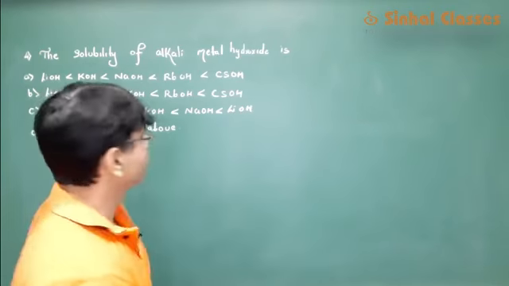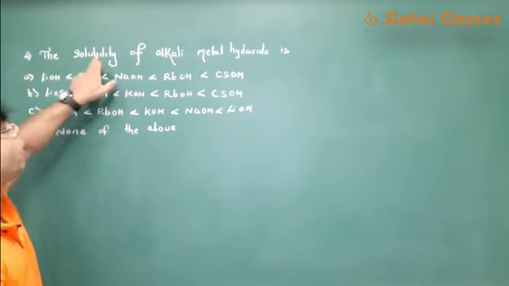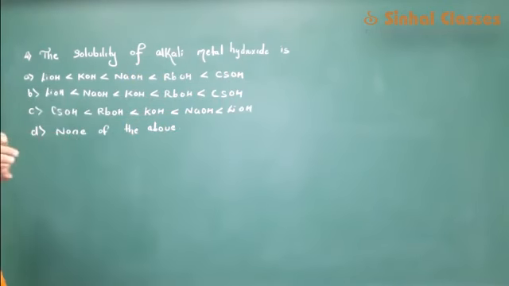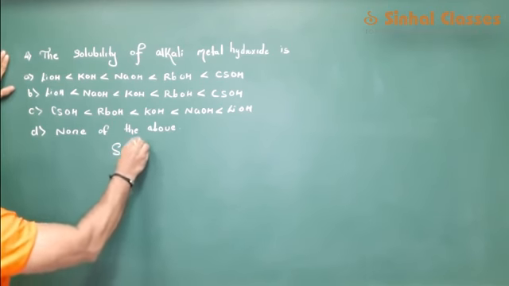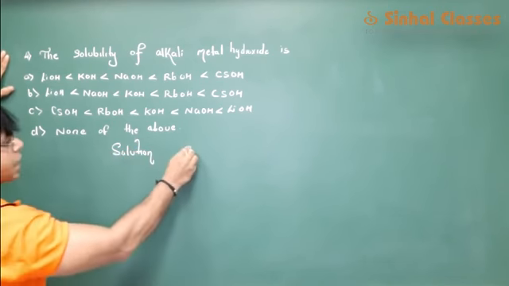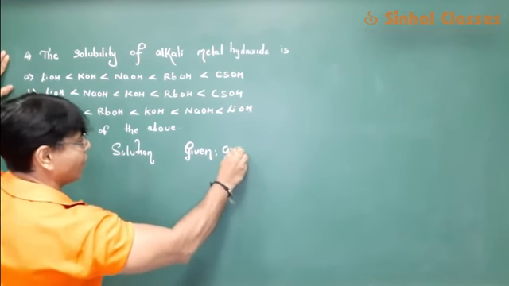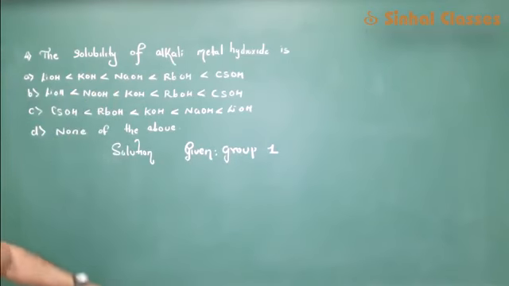Okay student, now let's see question number 4, which says the solubility of alkali metal hydroxide is. Now they have given group 1 metals, all these are group 1 metal hydroxides.